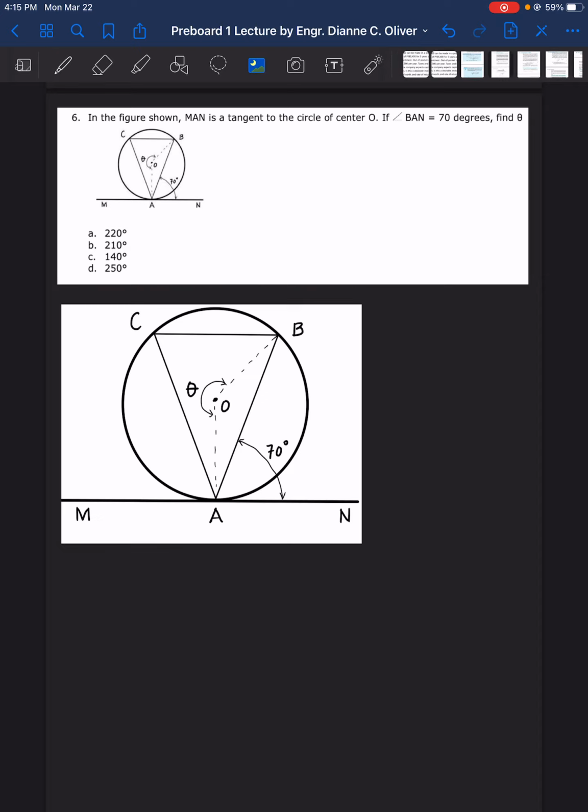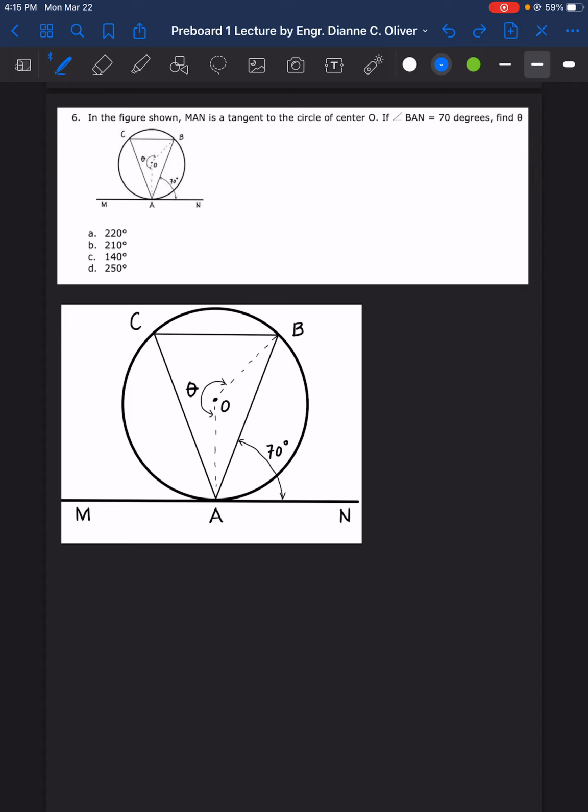Letter C, 140 degrees. Letter D, 250 degrees. So here, it says the angle BAN is 70 degrees. So what we're looking for is the theta here.